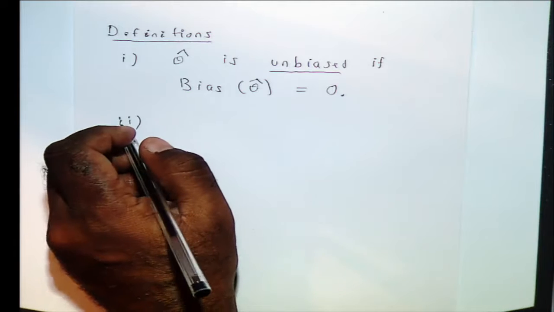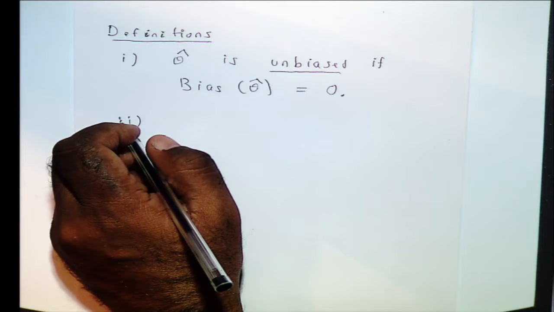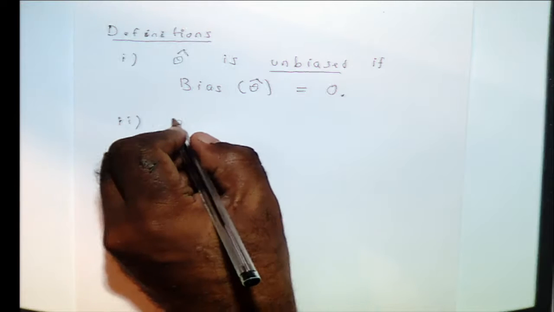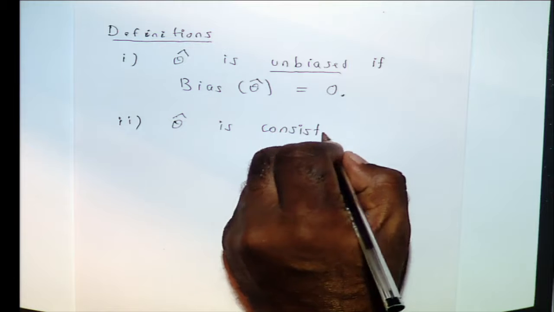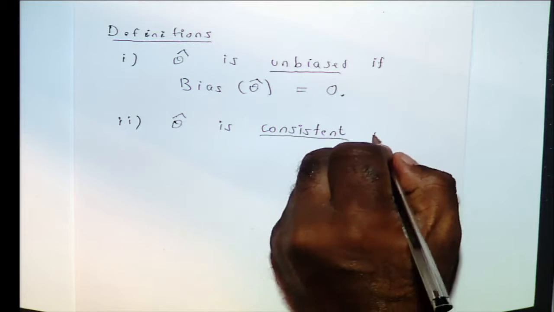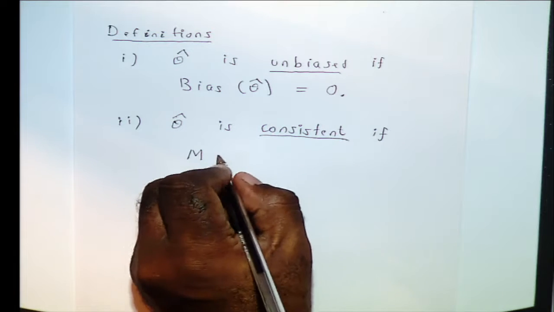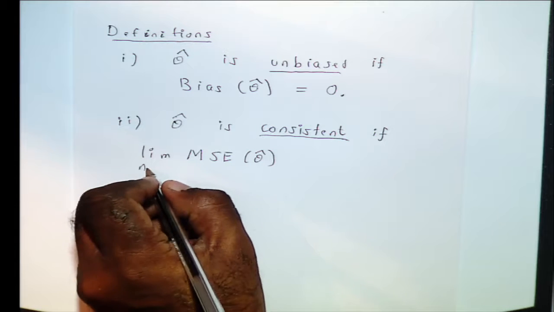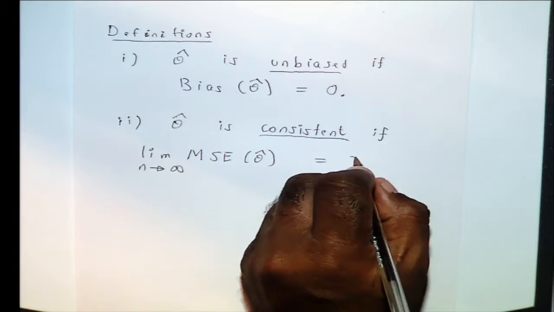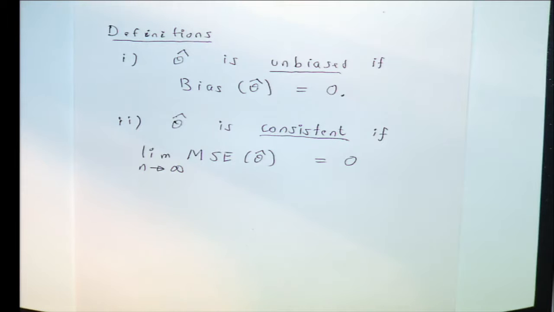The second one, definition 2: an estimator is said to be consistent if the limit of the MSE as n approaches infinity, where n is the sample size, is equal to 0.